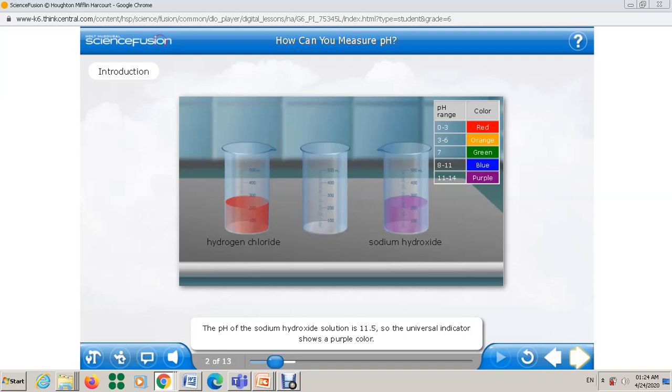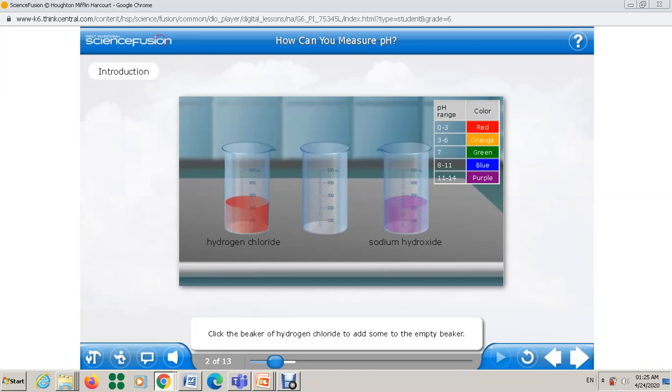The pH of the sodium hydroxide solution is 11.5, so the universal indicator shows a purple color. What do you think would happen if you mixed equal portions of the two substances? What color would the resulting solution be? Click the beaker of hydrogen chloride to add some to the empty beaker.